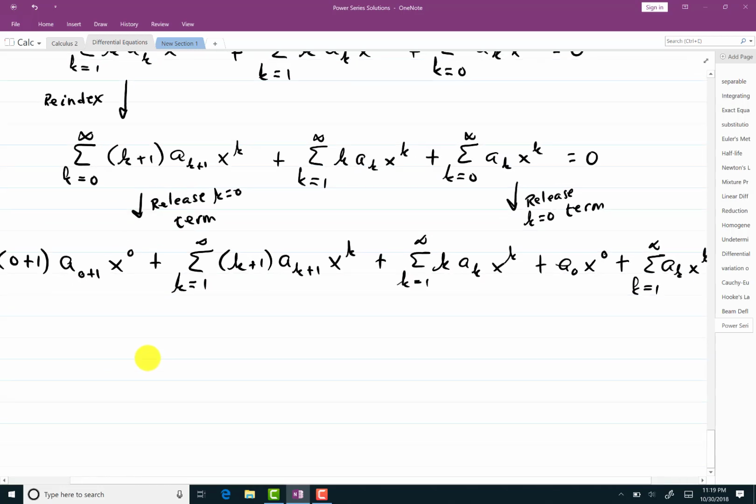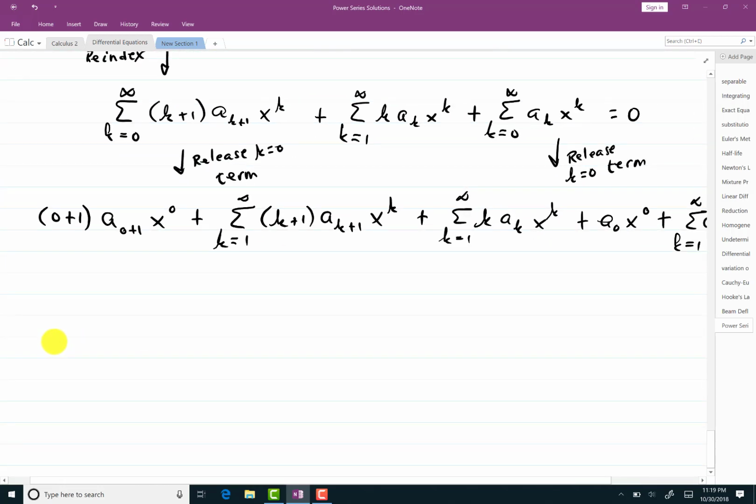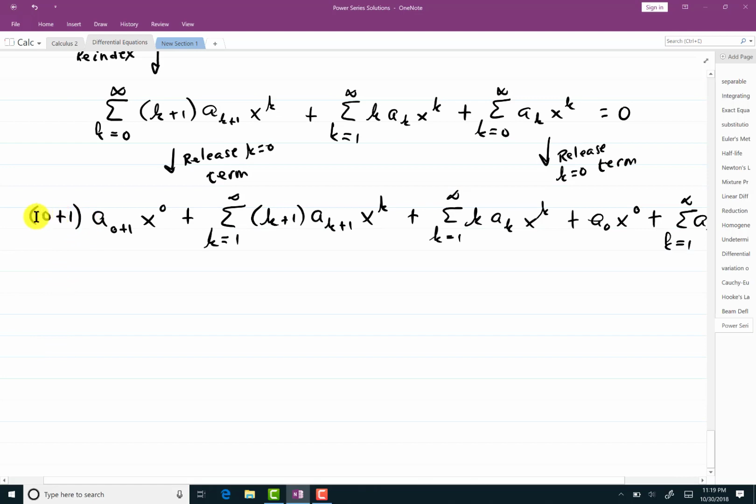Now, let me take my released terms and simplify them a little bit. I'm going to have a sub 1 plus, and over here I have a sub 0. Now in here I'm going to start combining all of my terms. I'll have my k plus 1, a sub k plus 1, plus k, a sub k.